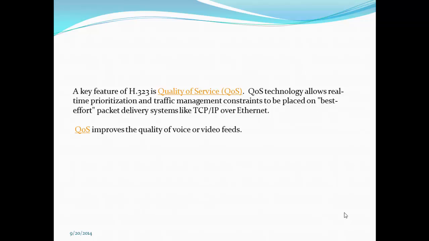What differentiates the data and the voice network is the quality of service. Okay, if we do not have quality of service, then the quality of voice or video will be deteriorated.